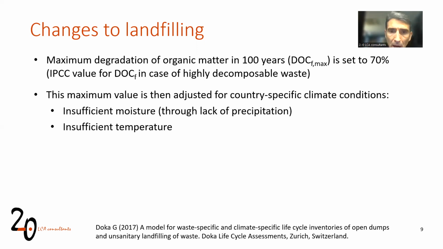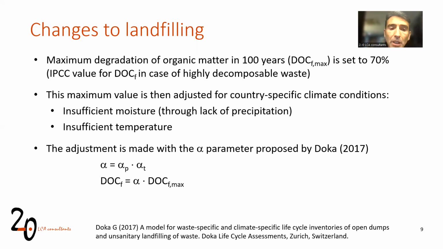So this maximum value is then adjusted for the local climate conditions in terms of moisture and temperature. So if we don't have sufficient moisture or temperature, we would expect a lower degradation in this period of 100 years.